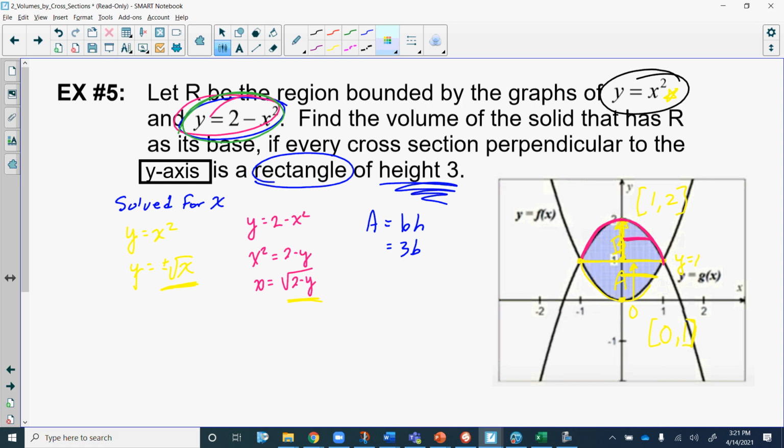So all of the x values that we're going to be looking at are based off of the transformed function. So all of this is going to be the base of the top portion, and this will be the base of the bottom portion.